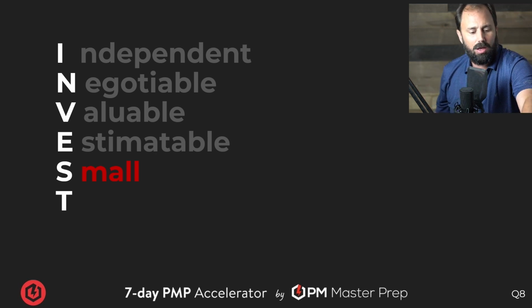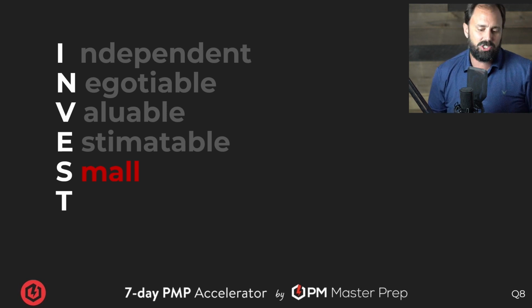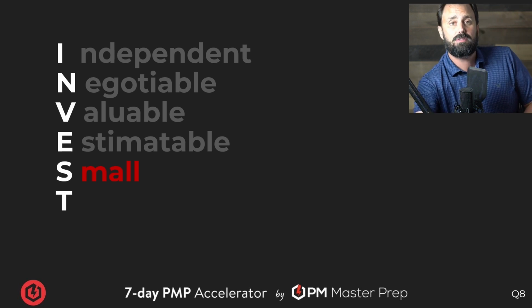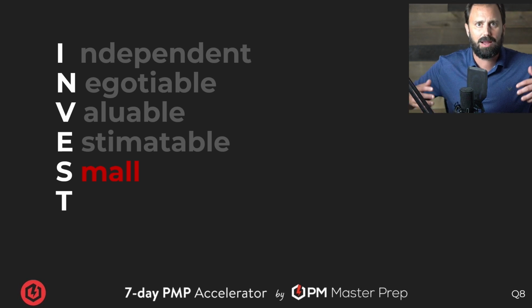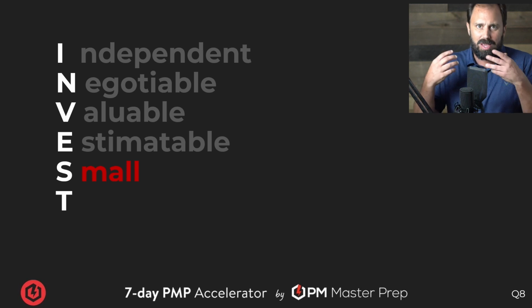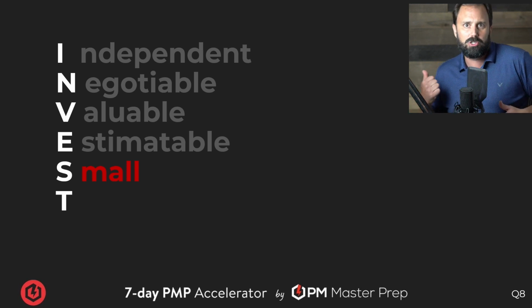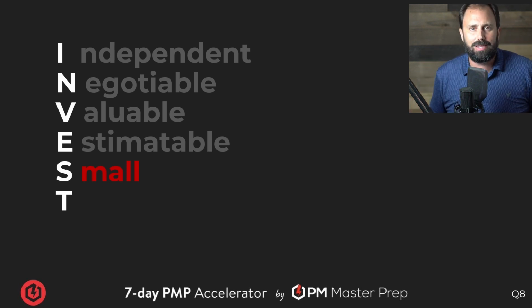Why small? So that the team can wrap their arms around it, move it through, just like when we go to dinner at a nice Spanish restaurant that has tapas, you know what that is, right? Small plates, not big plates. We eat it, we push it on. We eat it, we push it on. Like that, stacking those plates up at the end of the day.